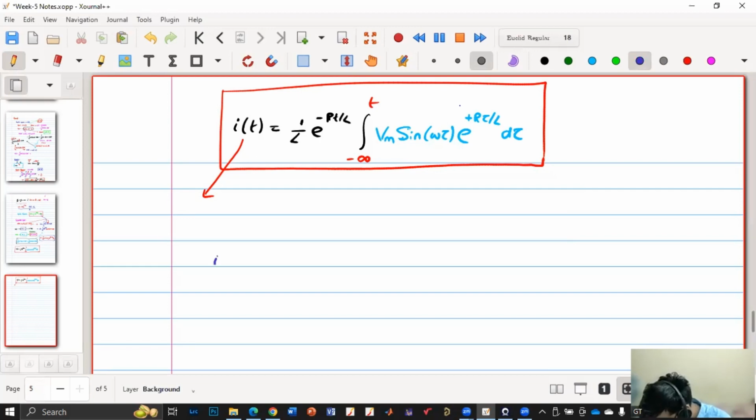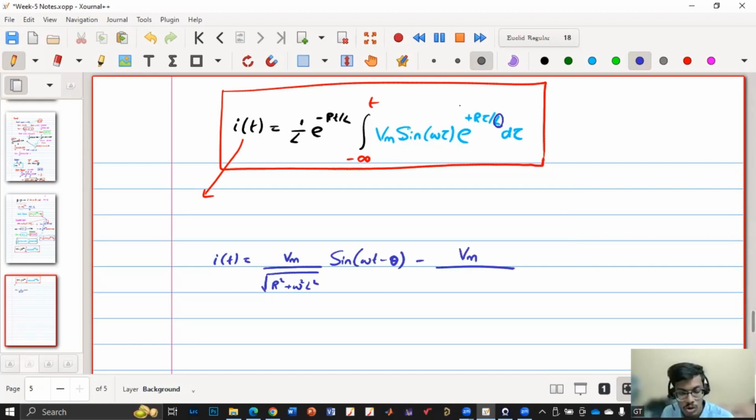The expression I got, I'm writing here. It will be Vm by square root of R square plus omega square L square, because L is there in this exponential term. We'll get that, and sine (omega t minus theta) minus Vm by, you just have to solve integration by parts, but you give it a try once.